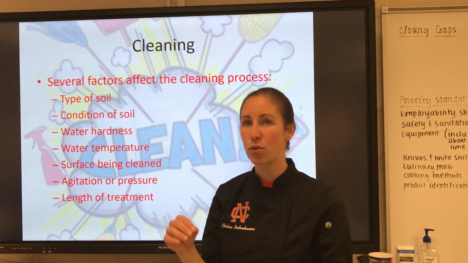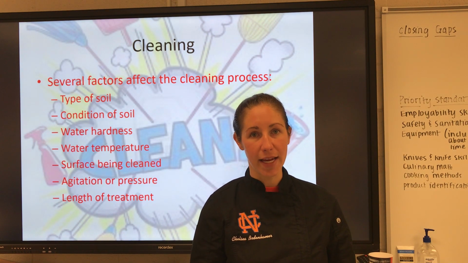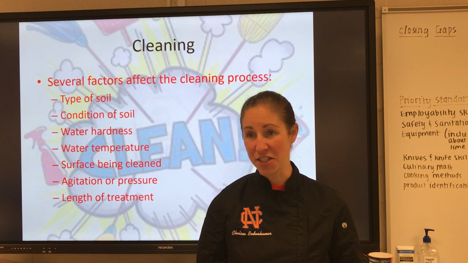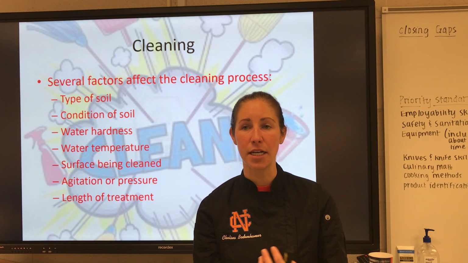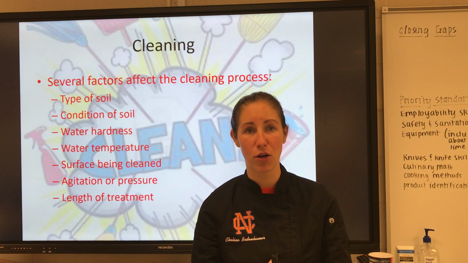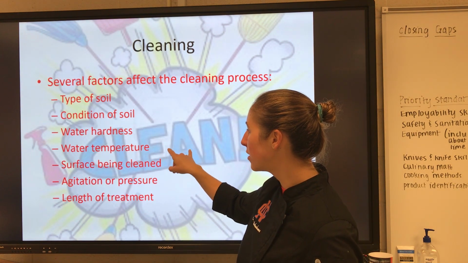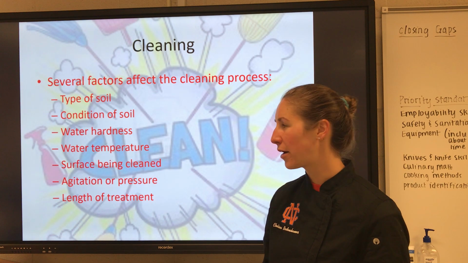The condition of the soil, by that I mean, have you left that dish for 2 days not soaking in water? If you've left a dish out on your countertop for 2 days, it's probably dried and caked on. Of course, that's gonna be really, really hard to clean, so clean immediately. Water hardness, water temperature, we'll look at a little bit more in Culinary 1.